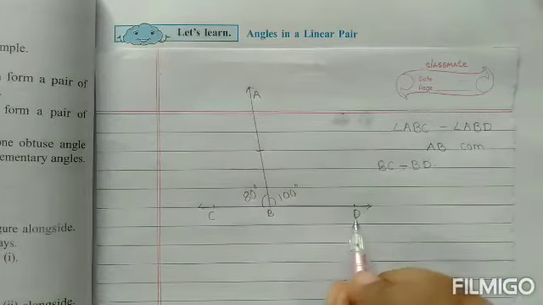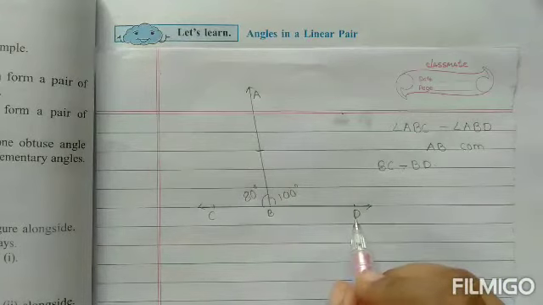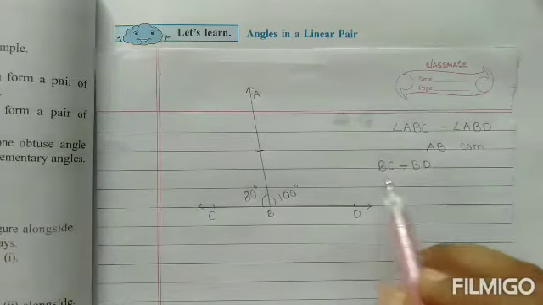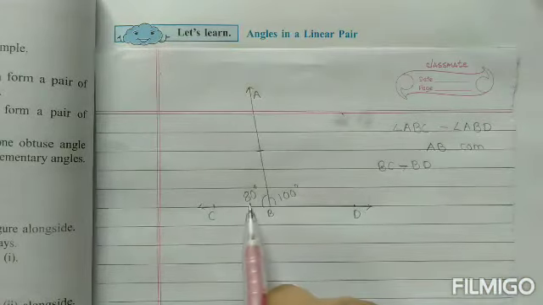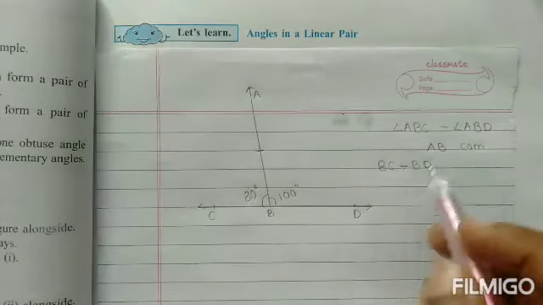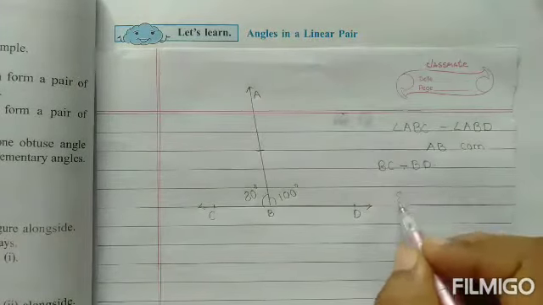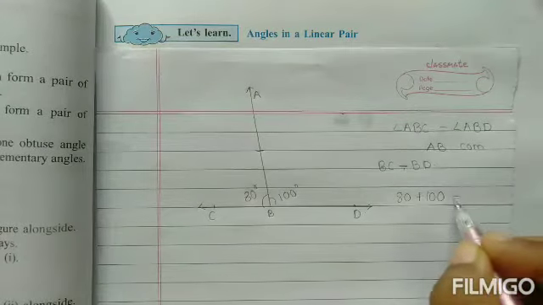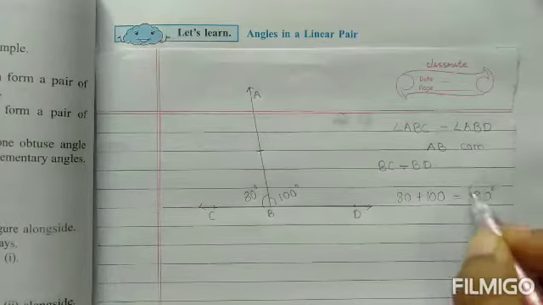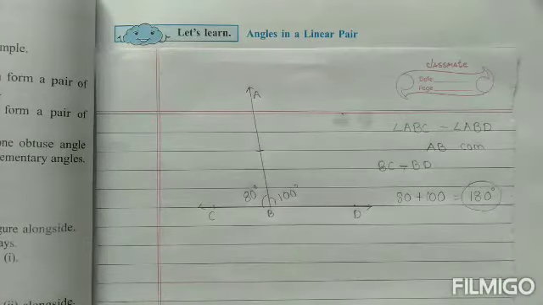So they are linear pair angles. One arm is common, and the other arms are opposite rays forming a straight line. With the help of a protractor, when you measure, angle ABC is 80 degrees and angle ABD is 100 degrees. The sum is 180, so they are supplementary angles.